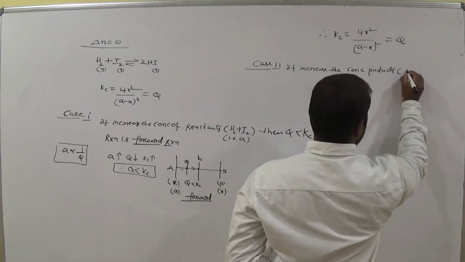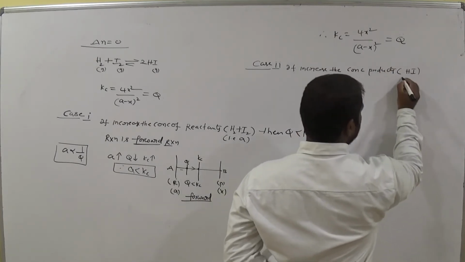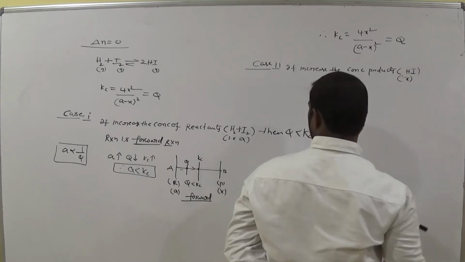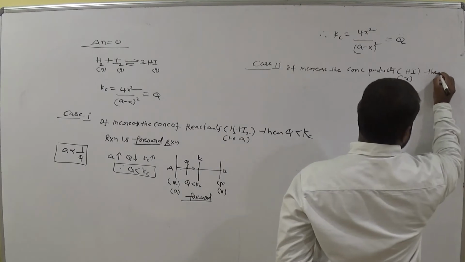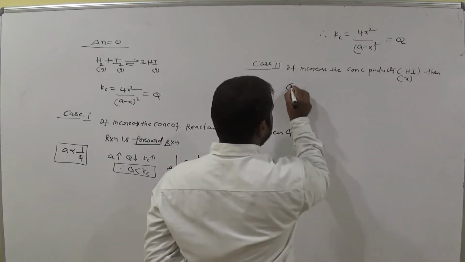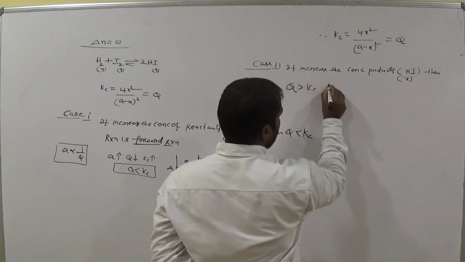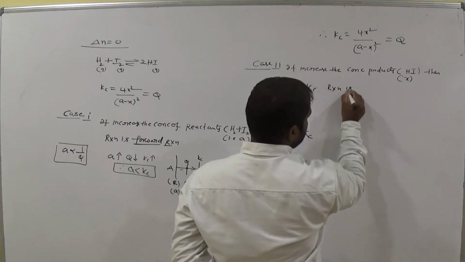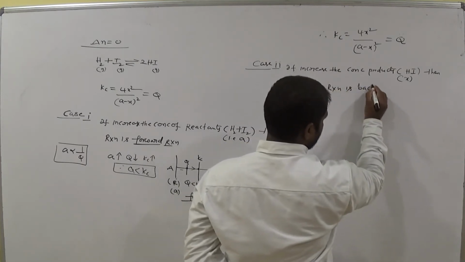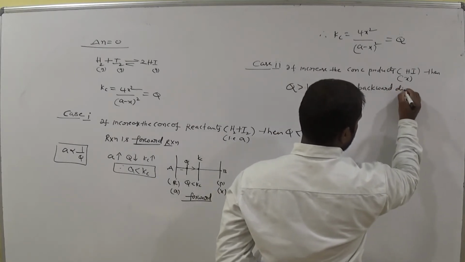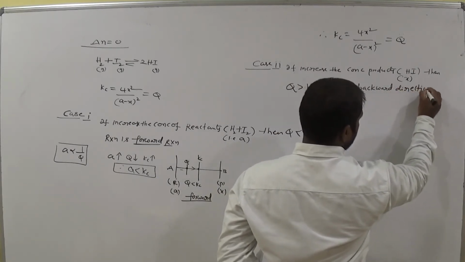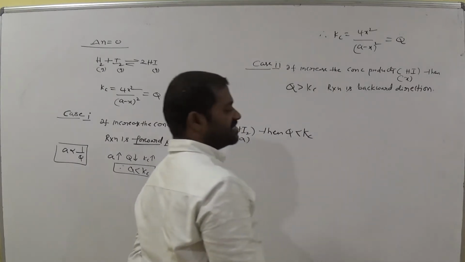That is HI, and its concentration is x, suppose. Then Q is greater than Kc, then the reaction is in the backward direction, or reversible. Backward direction. Okay, is it clear?